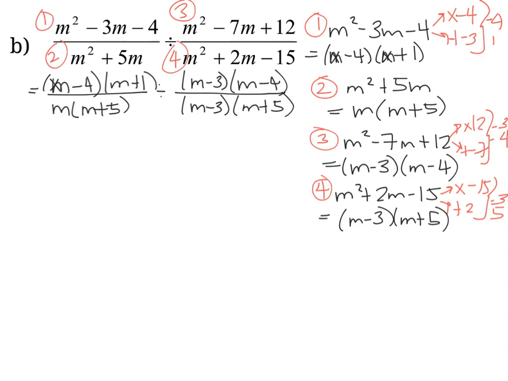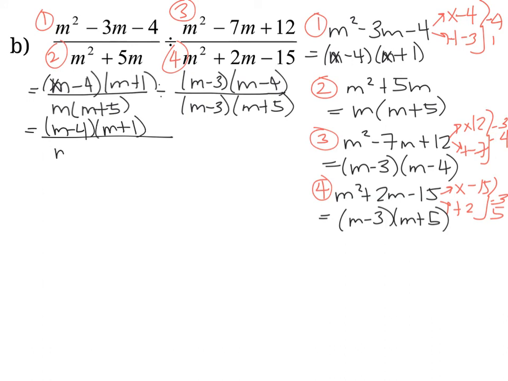So once you've got everything factored, you should have something that looks like this. So we've got our 1, 2, 3, 4 expressions factored. Now that we have them back in our rational expressions, we're ready to divide. So we know we're going to flip and multiply. I'm going to rewrite this first guy as m minus 4, m plus 1.